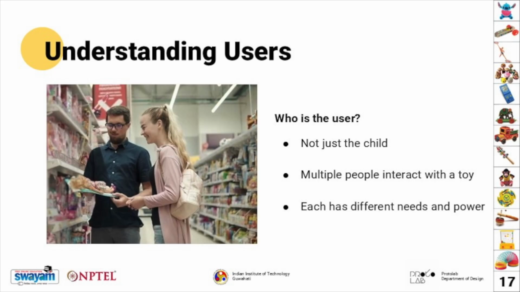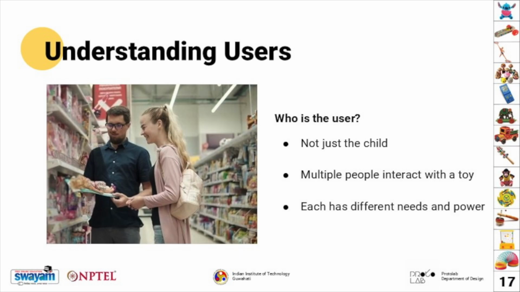Now that we understand the environment, let us try to understand the user. When we say user in toy design, we often instinctively think of the child. But unfortunately, toys do not exist in a one-to-one relationship with children. They move through homes, schools, shops, and systems.